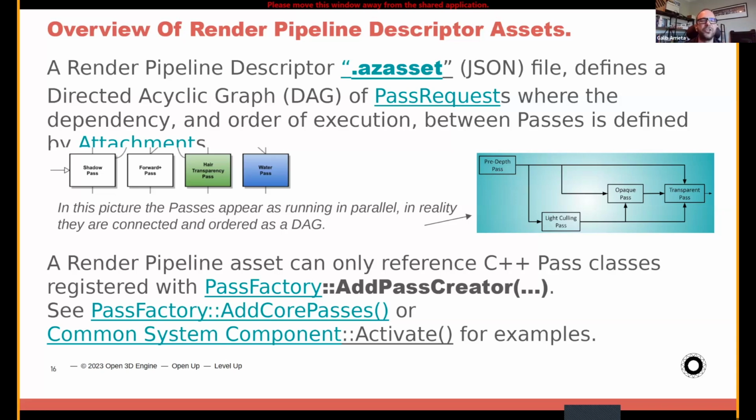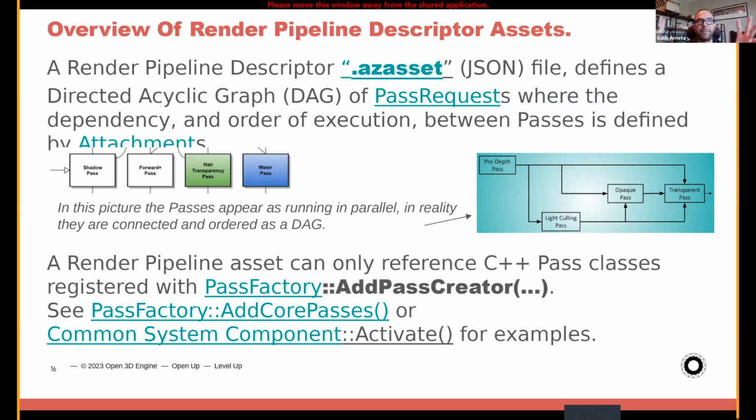On the previous picture, you can see these passes running in parallel, but that picture is a little bit misleading because in real life, most of those passes are interconnected through attachments. And thanks to those attachment dependencies, the RPI and the RHI work together to create a frame graph that eventually knows exactly the sequence in which each pass is supposed to run.